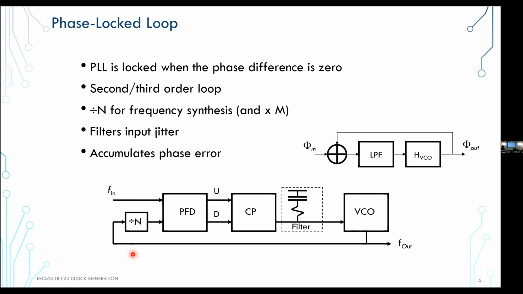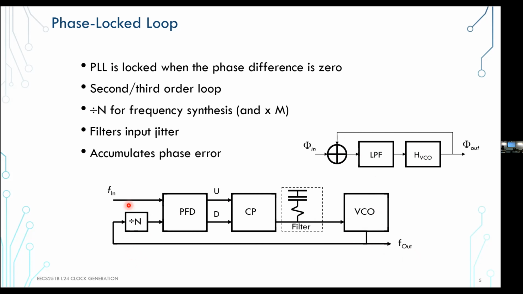Now, if you add a divide by N here in the feedback loop, if you just look at the control theory analysis of the loop, it ends up having the effect that it multiplies the frequency up by N times the f in.